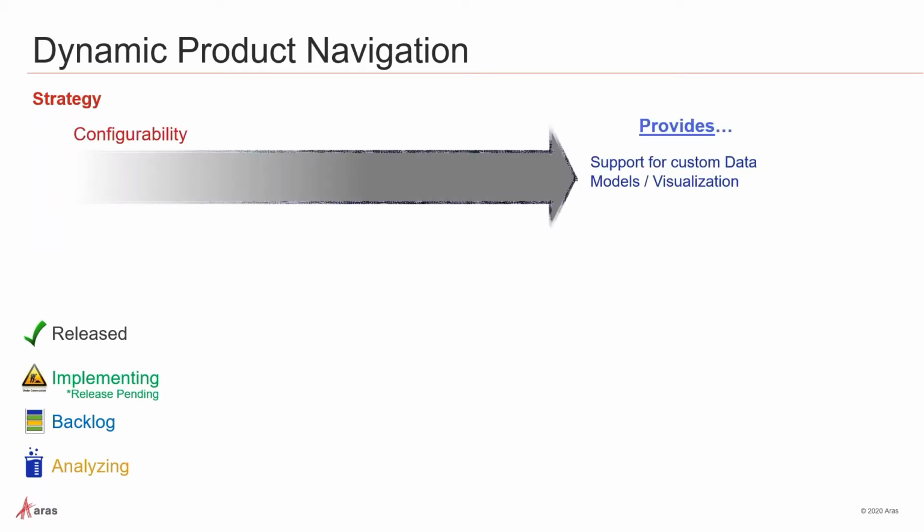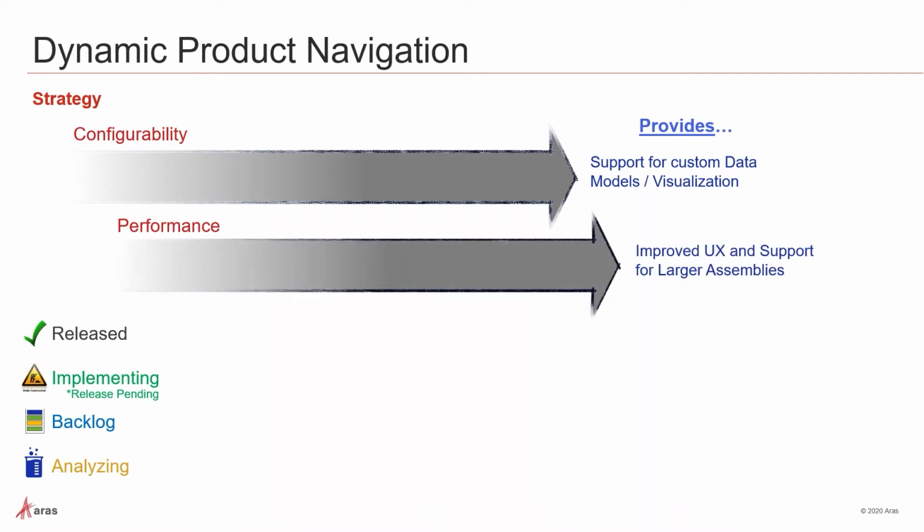Our approach is to implement these features in 4 key areas. With configurability, the focus is on providing support for custom data models and custom geometry display. Regarding performance, we're constantly working to improve the overall user experience and provide increasing support for larger geometry sets.